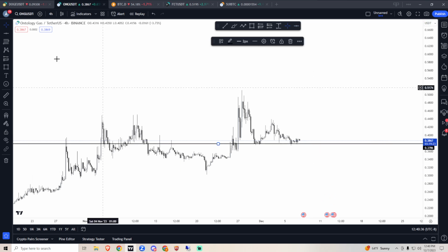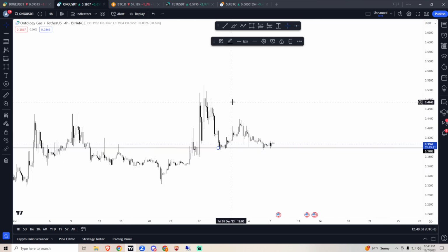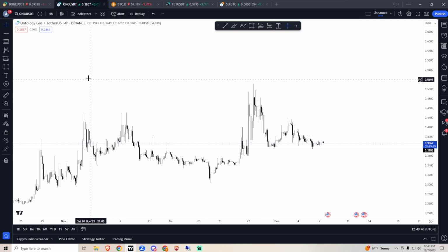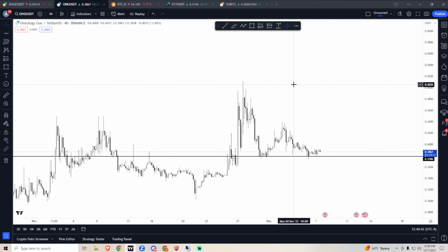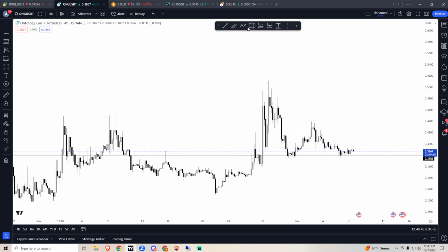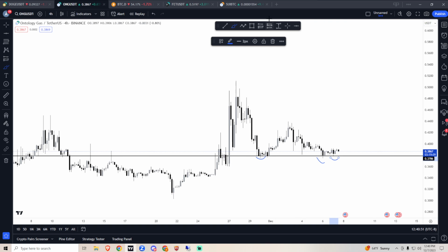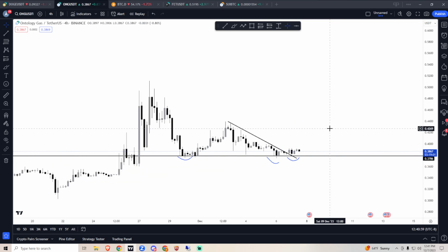Okay, so first, empty out your charts, right? Strip them of its clothing. Possible double bottom. Maybe a triple bottom. It did break out and retest successfully.